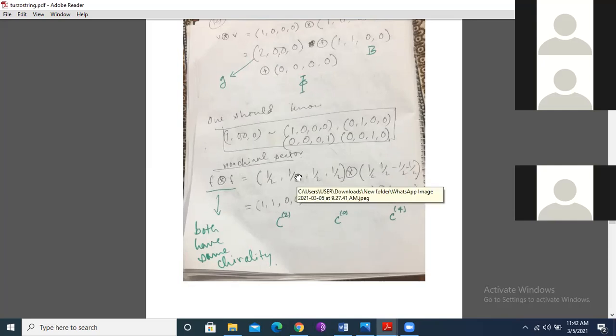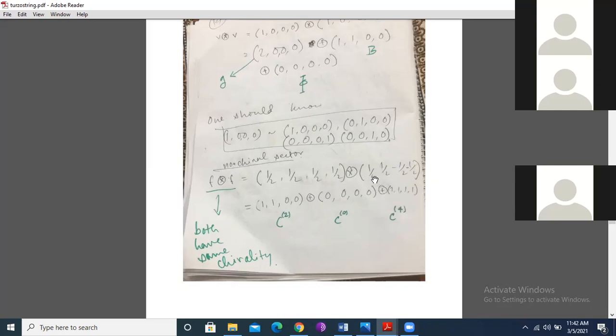When you do this algebra, what you have to make sure is that you take all possible linear combinations of the non-chiral sectors. For example, for this one you can simply add them and you will get 1 1 0 0. For this one, you can take this minus half to be plus half, which is still a chiral representation, and take the subtraction of this one from this one, and you will get this one.